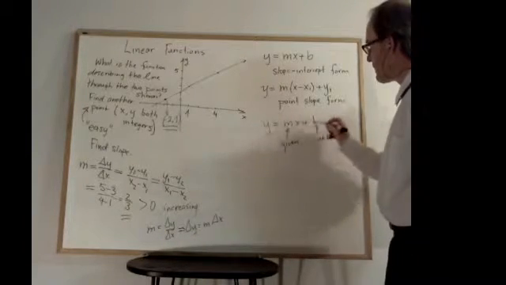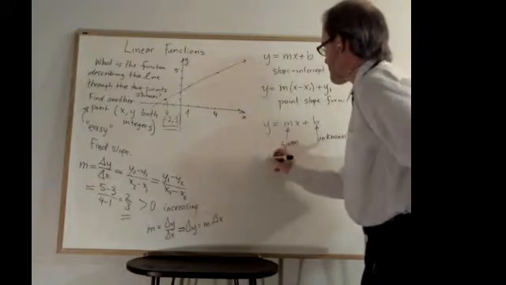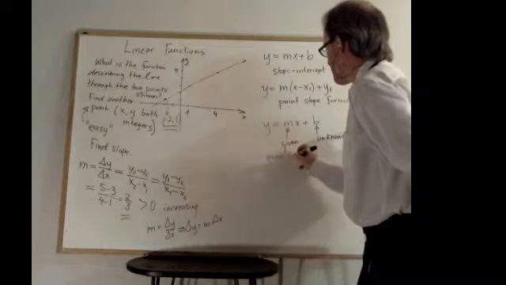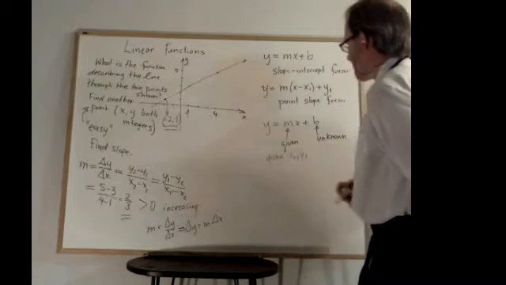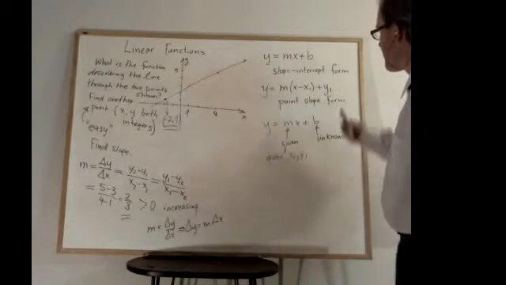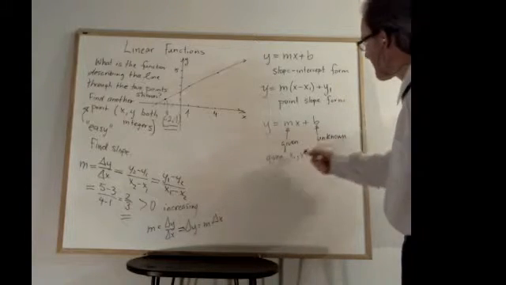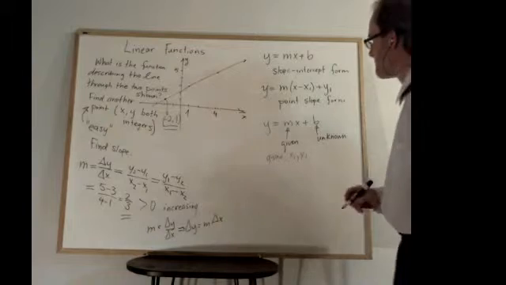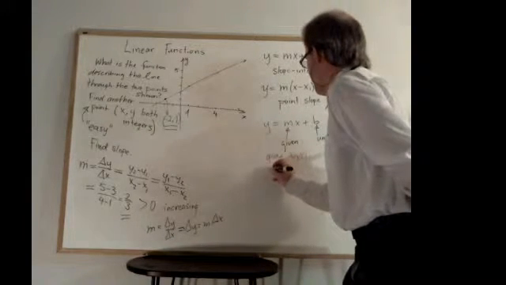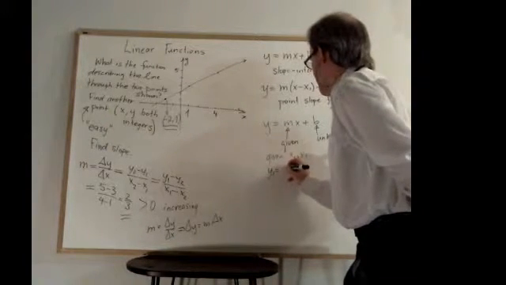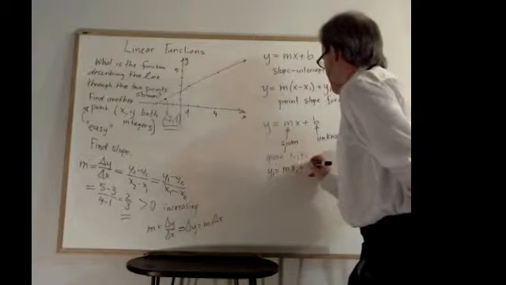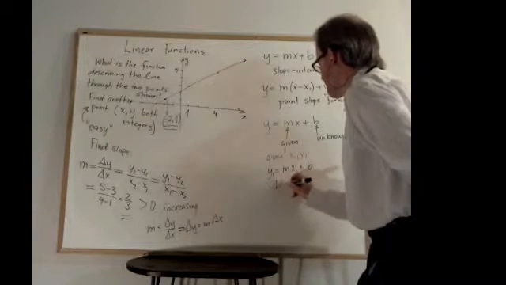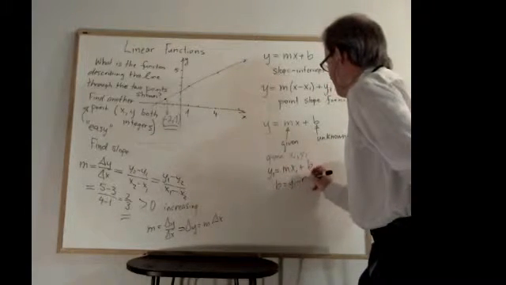So if we're given m, and b is unknown, but we're also given the point x1, y1, then we can determine what the y-intercept should be by plugging x1, y1 into the equation. Then we get y1 is equal to mx1 plus b, and solving for b, b is y1 minus mx1.